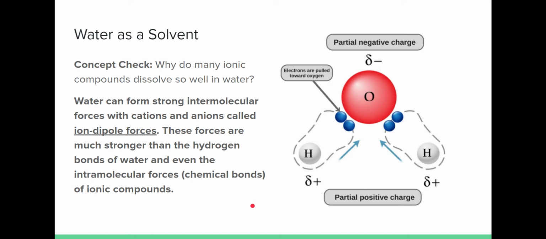Those two forces are relatively strong, but the ion dipole forces that are able to form between water and the positive and negative ions are much stronger than those two forces, and that's why most ionic compounds will dissolve very quickly in water.